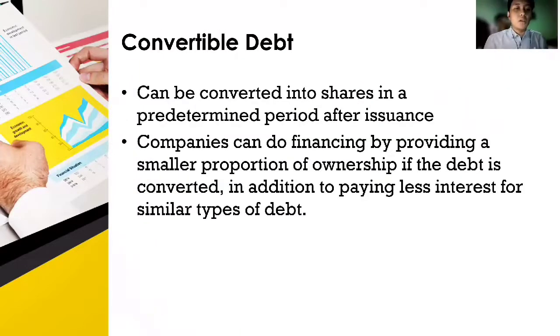Convertible debt can be converted into shares in a predetermined period after issuance. Companies can do financing by providing a smaller proportion of ownership if the debt is converted, in addition to paying less interest for similar types of debt.